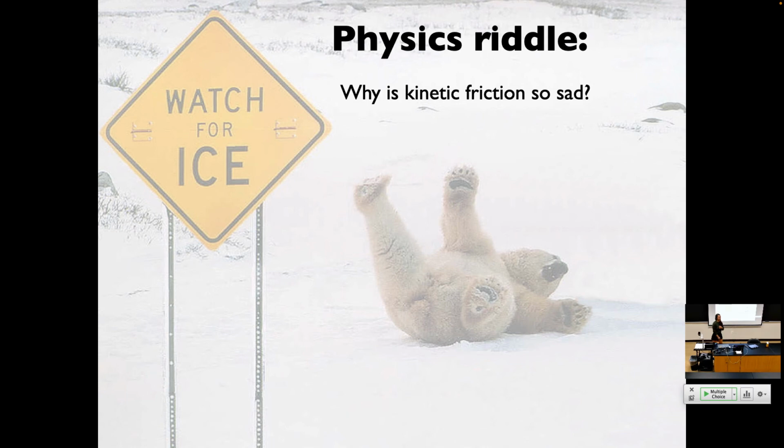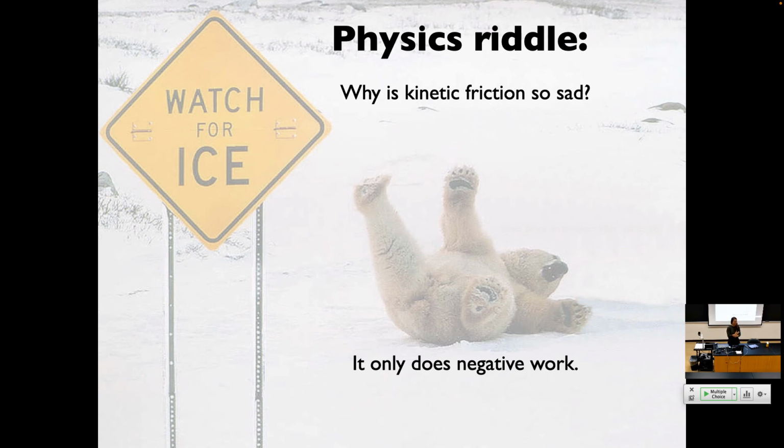That problem's pretty simple. So here's a physics riddle. Why is kinetic friction so sad? All right, well, it only does negative work. Now remember, how is friction as a force defined compared to movement?